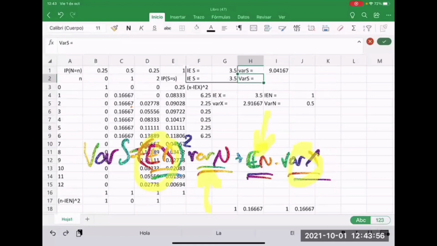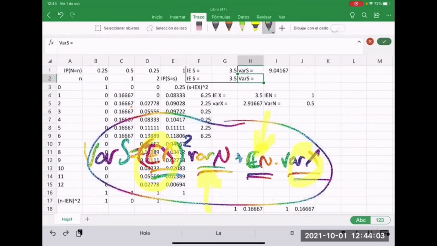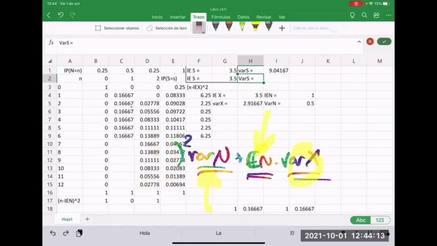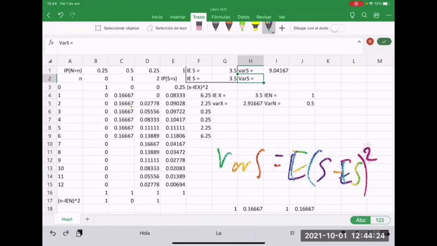And well, I can also compute the variance of s by means of just the definition of the variance of s, right? In here, with this formula, I used what we learned in the previous chapter. All we need to do now is to take that the variance is just the expectation of s minus the expectation of s, squared.